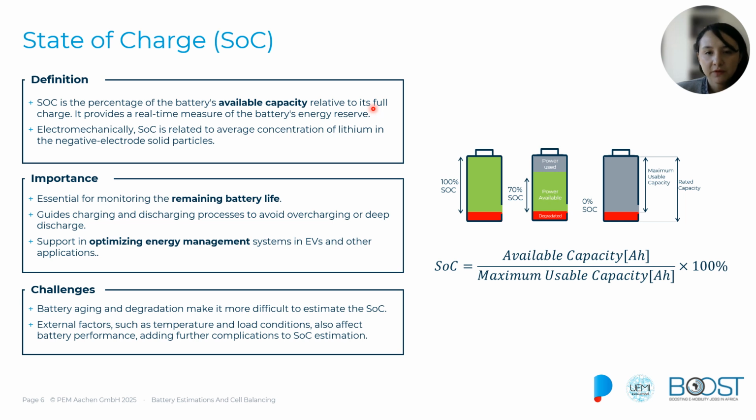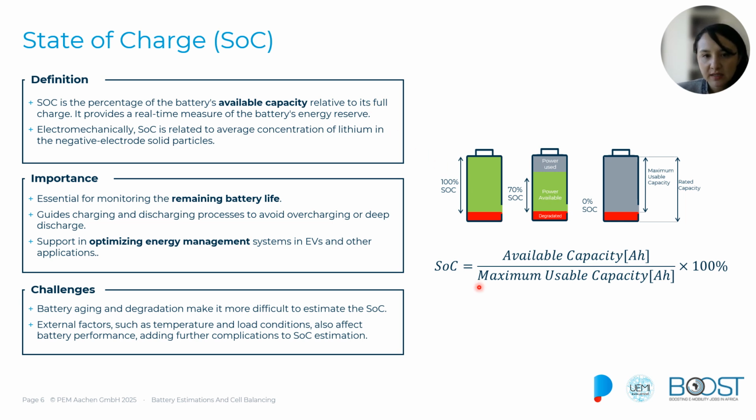This type of information provides us real-time data of the energy reserve of our battery, and this helps us, for instance, in planning operations, such as knowing the remaining range of operation of a vehicle, knowing when the battery will be empty, or when it is recommended to discharge the battery to prolong its lifetime.